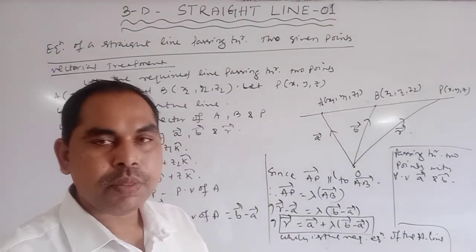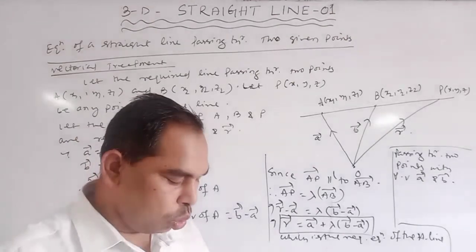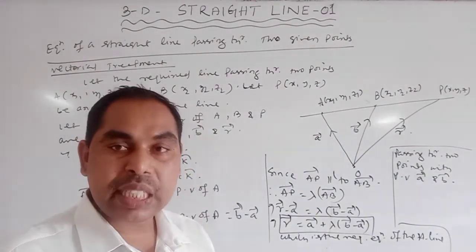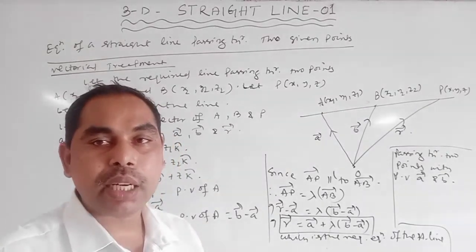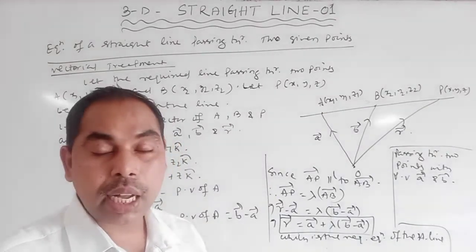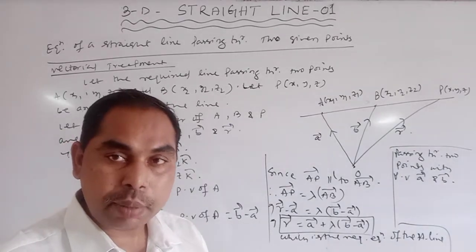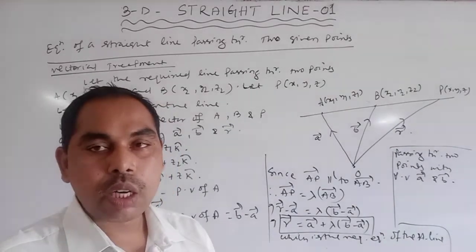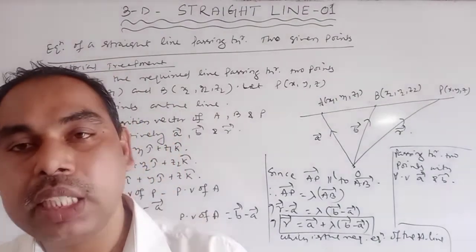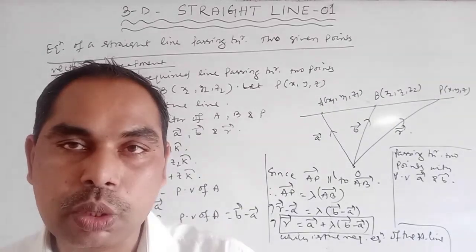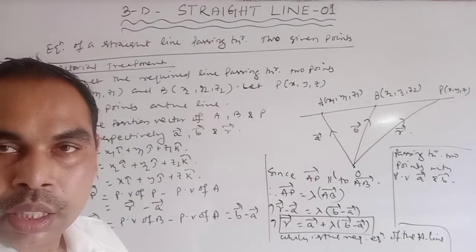Remember, the equation of a straight line passing through 2 points with position vectors A vector and B vector is given by R vector is equal to A vector plus lambda times B vector minus A vector. Or we can also write R vector is equal to B vector plus lambda times B vector minus A vector.